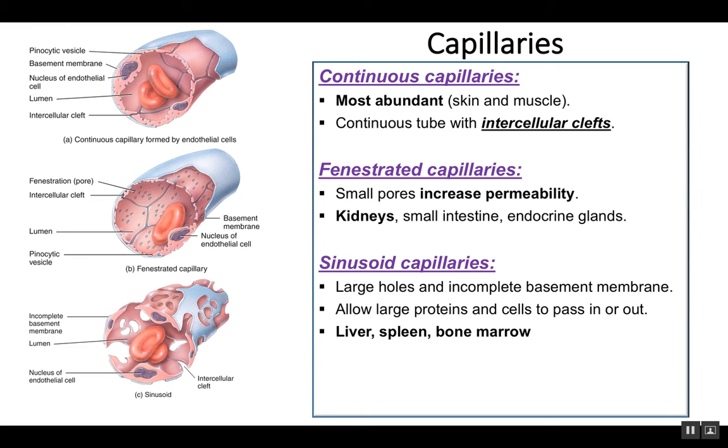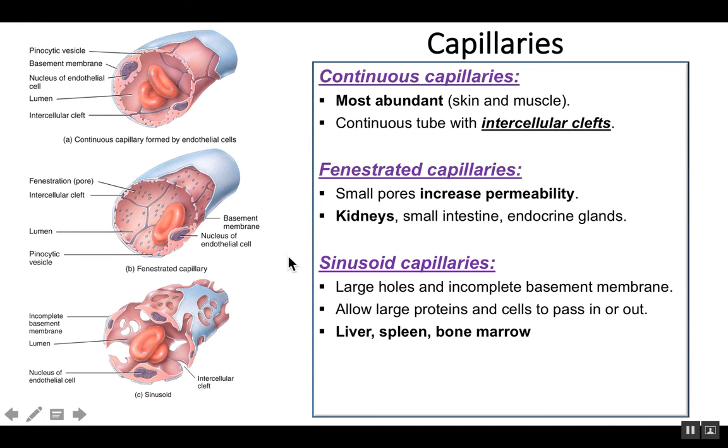Third type of capillary called sinusoid capillaries. These have even larger holes than the fenestrated capillaries. And this allows larger things to move in or out of the capillary. So let's look at three organs, and you should understand why these would have sinusoid capillaries.